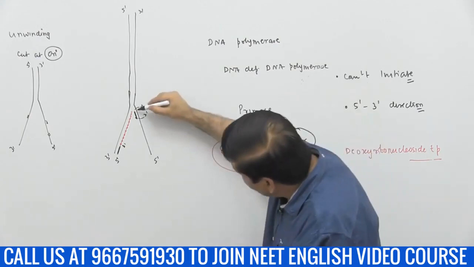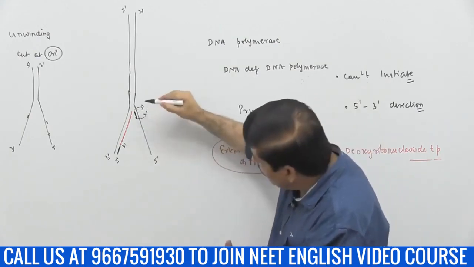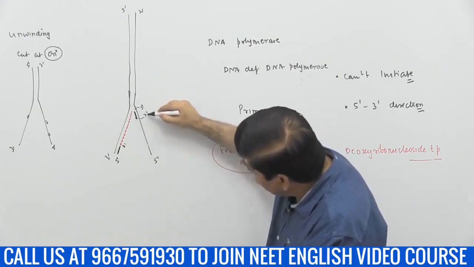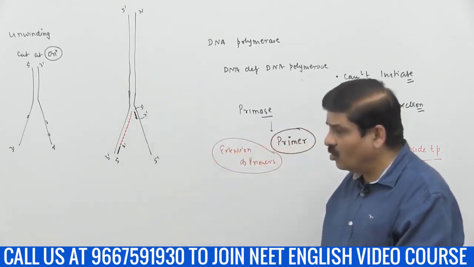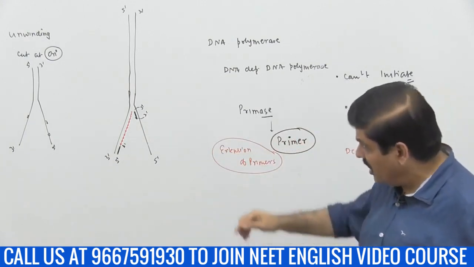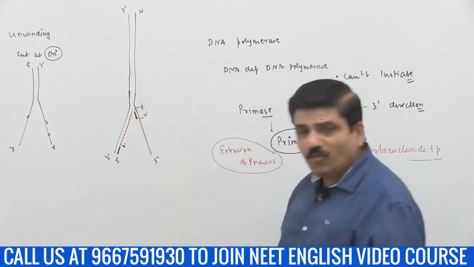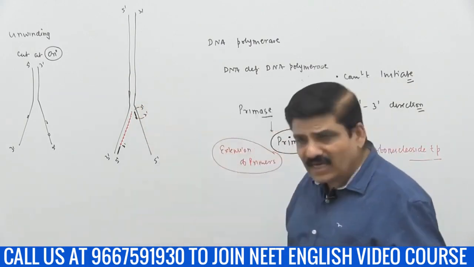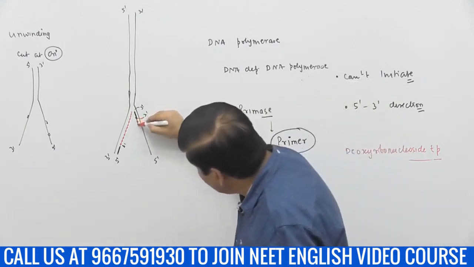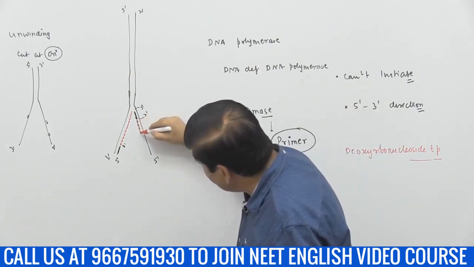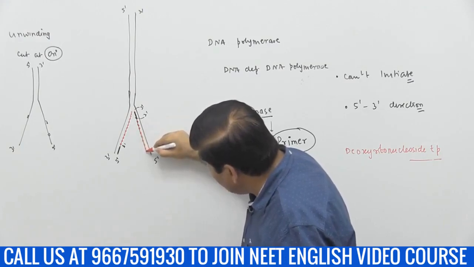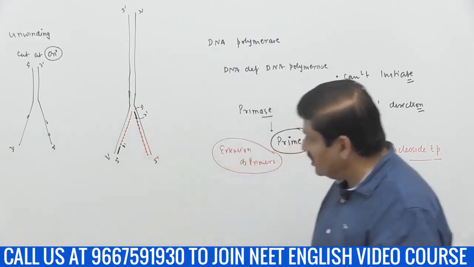And again, because I am doing it in the reverse manner, this is very easy to understand: at the end of the primer, the 3' hydroxyl group will be available for the formation of phosphodiester bond, and this primer can now be elongated or extended by the DNA dependent DNA polymerase by adding deoxyribonucleotides in 5' to 3' direction, and it is again based on complementary base pairing.